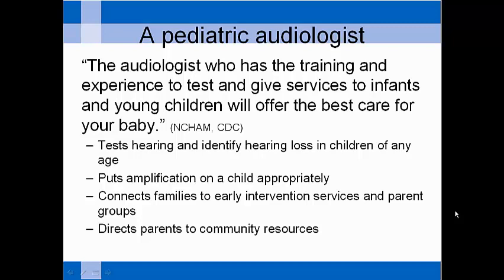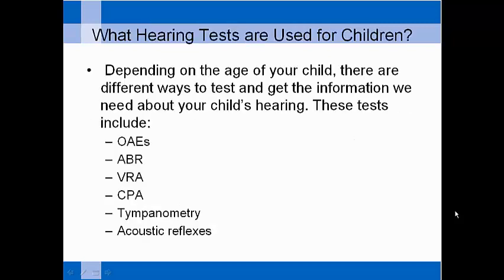There's been a lot of research showing that hearing aids or other amplification devices are not the solve-all. There needs to be early intervention in addition to that. We need to help teach the children how to listen, what they're listening to, and help them with that learning. And then also direct parents to different community resources.